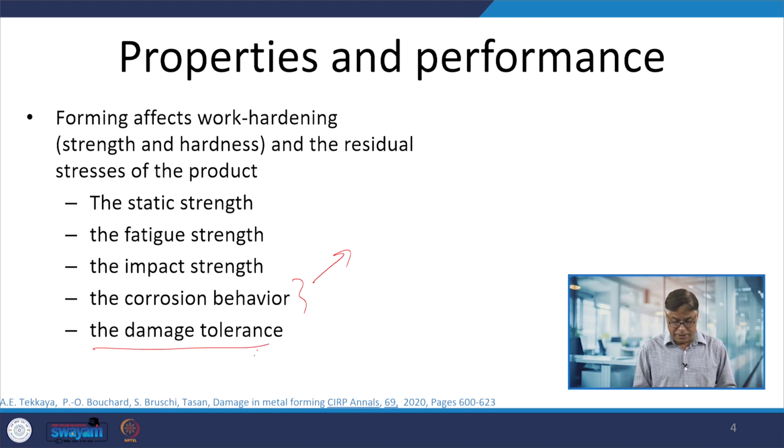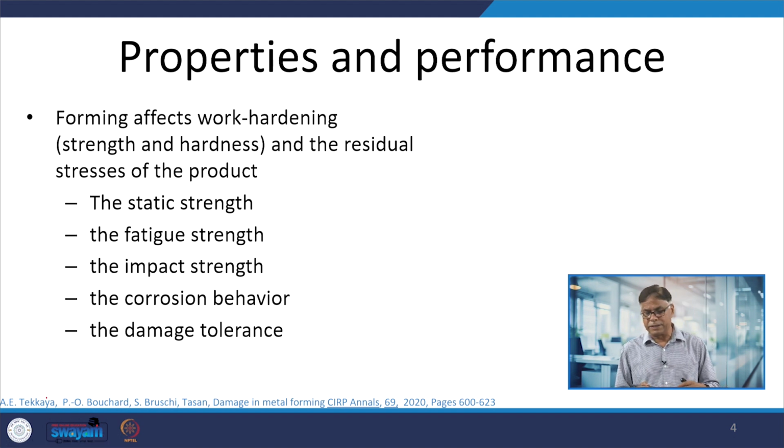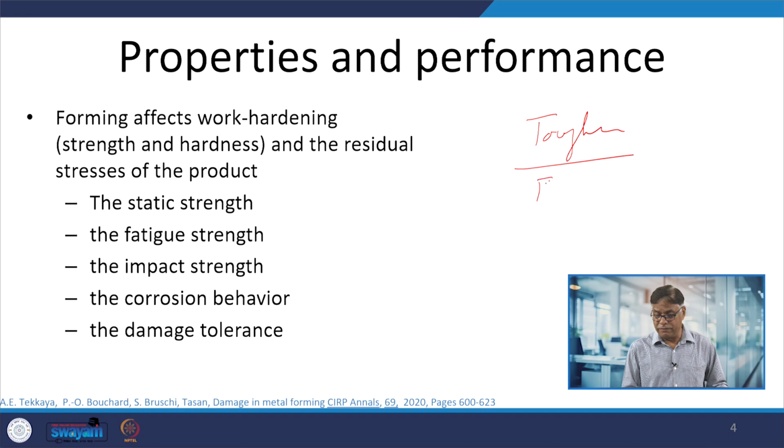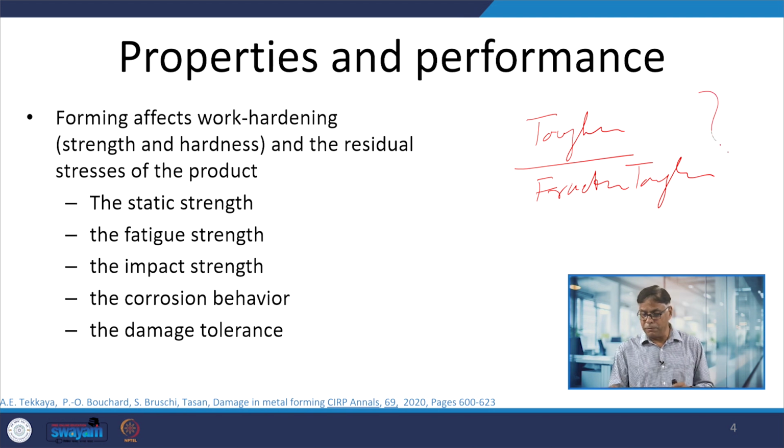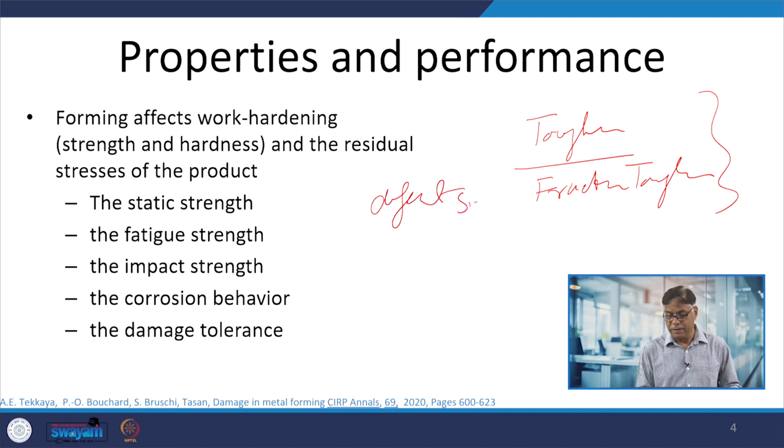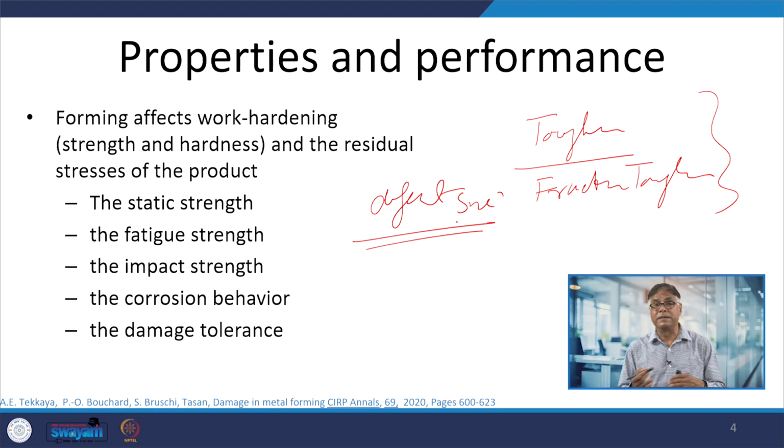The damage tolerance is something which is extremely important in formed products, especially those subjected to cold forming. The reason is that if the toughness and the fracture toughness are being compromised, then this will adversely affect the defect size that can be tolerated by the component.